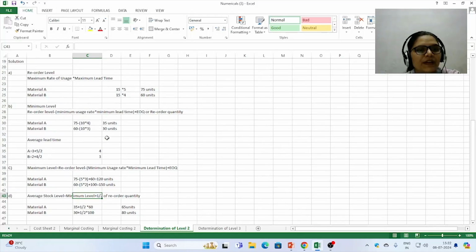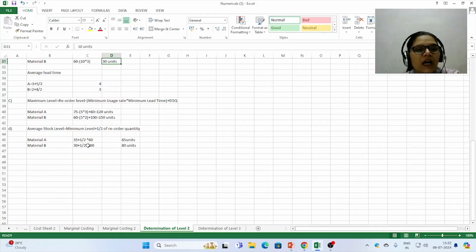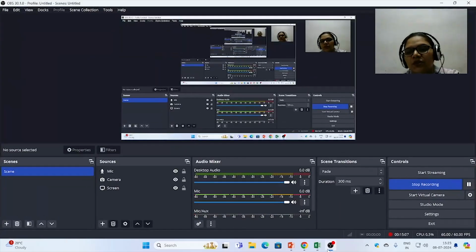Minimum level we have calculated as 35 units for material A and 30 units for material B, and we will add half of the reorder quantity. So we will get 65 units for material A and 80 units for material B. So this was all about various kinds of levels.